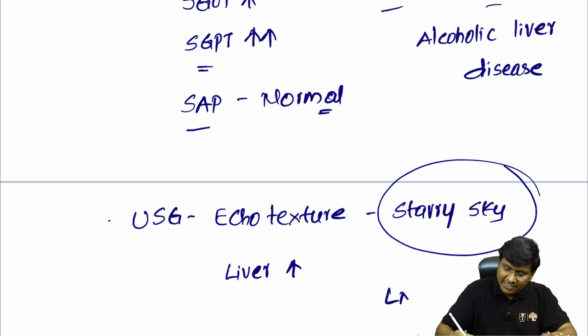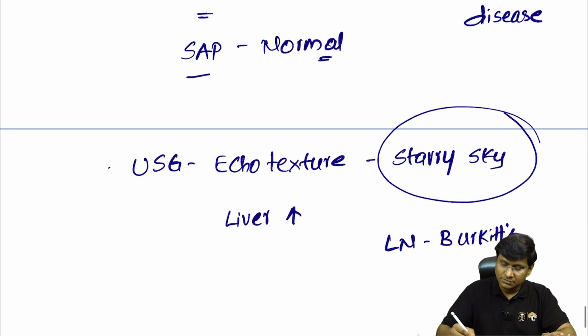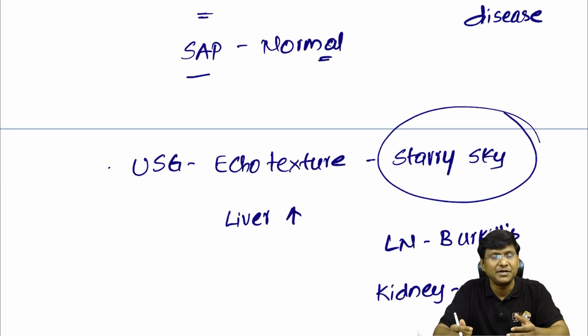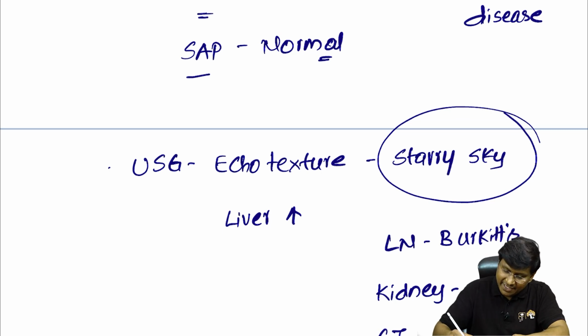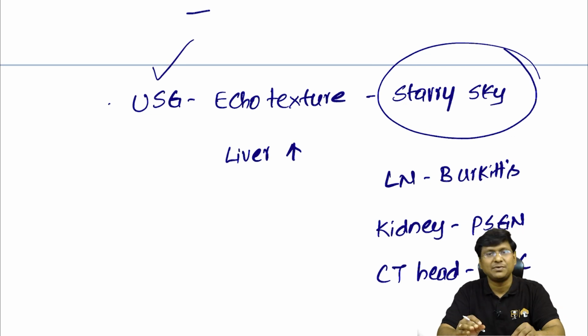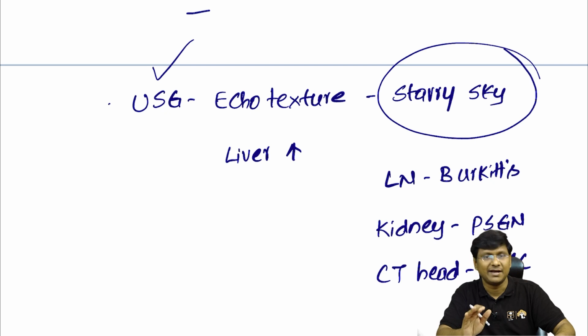When you do a lymph node biopsy, the starry sky appearance is seen in Burkitt's lymphoma. In a kidney biopsy, it is seen in post-streptococcal glomerulonephritis. On a CT brain, it is seen in neurocysticercosis. And on an ultrasound abdomen, a starry sky appearance over the liver parenchyma is seen in viral hepatitis.